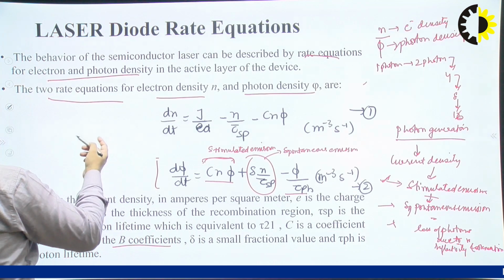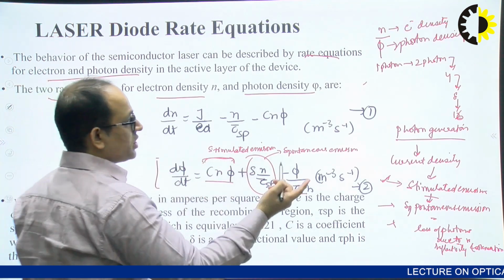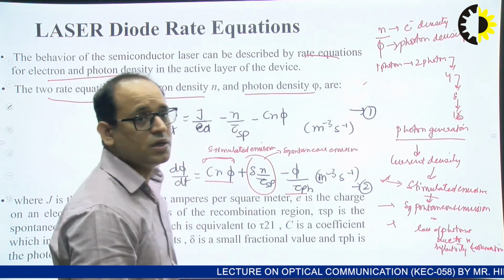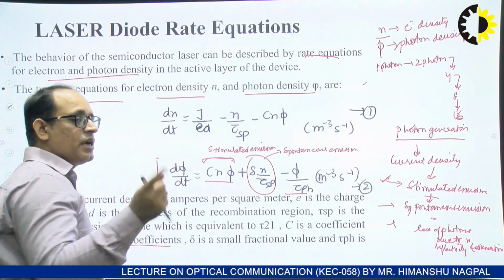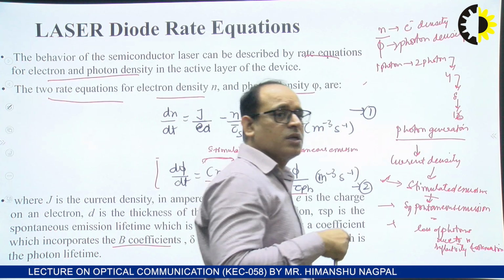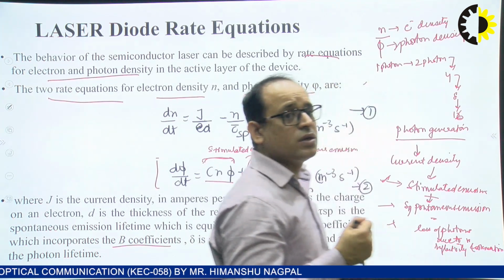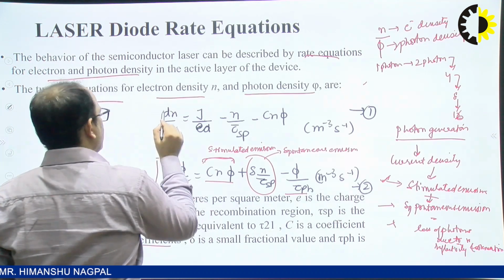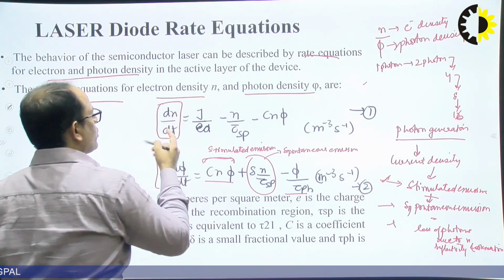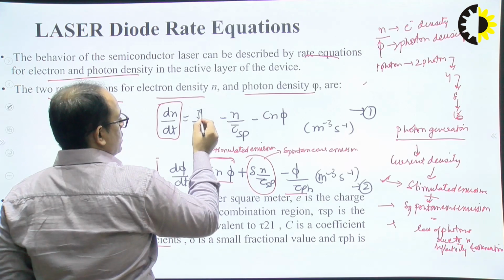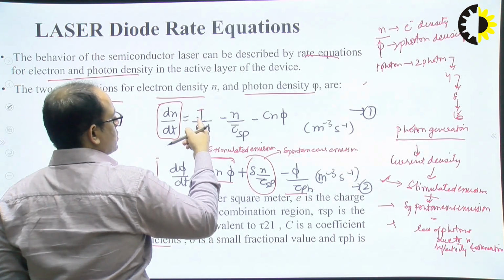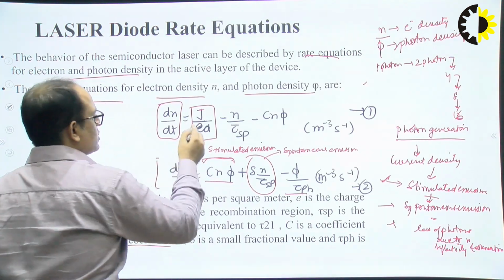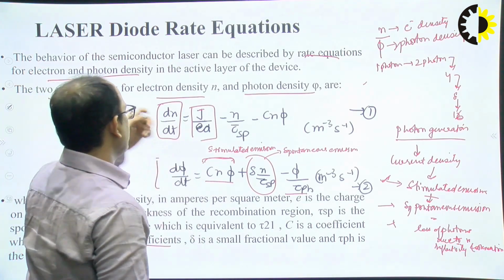Now how the electron density will also change, because as the photons increase, the electron density will also change with respect to time. That depends on how many electrons are injected into the laser through the current. Therefore, dN by dt is the change of electron density per unit time, that is equal to J, the current density, the electrons injected through the current, given by J upon e into d.